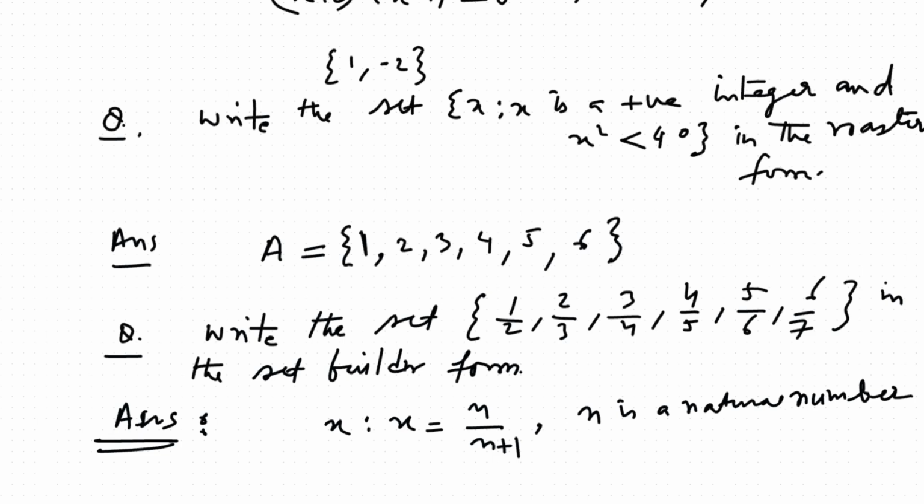Also we can say the maximum value of n is 6 and the minimum value is 1. So n lies between 1 and 6, and 1 and 6 are also included in the statement. So this is my solution.